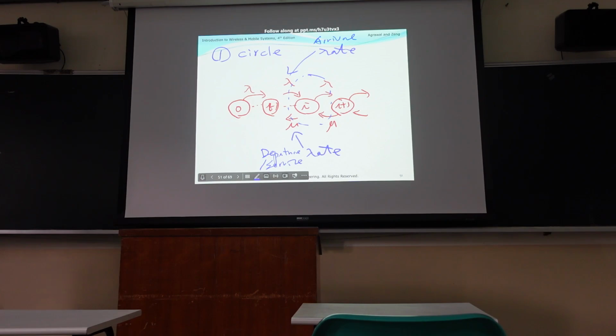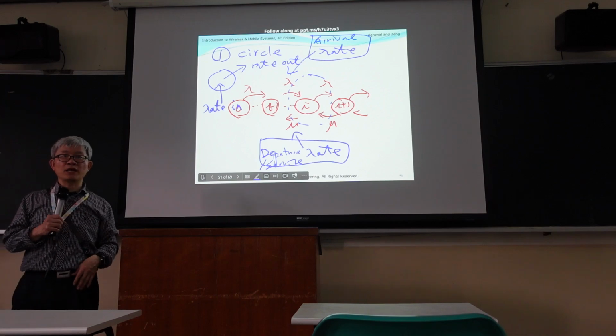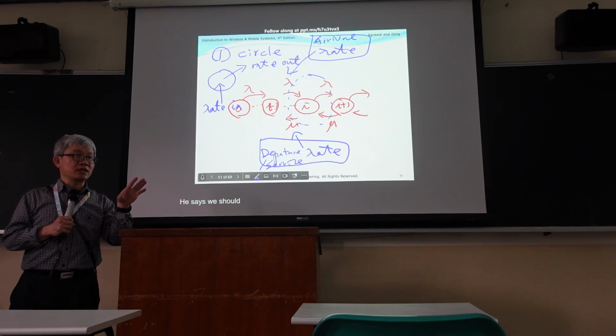Well, so if we have a circle and the rate, right now we have the two rates, arrival rate and departure rate. But for a circle, we can have a rate out and a rate in. So that balance, we should have a zero net rate, right? Zero net rate, it says we should have the rate out equal to the rate in.